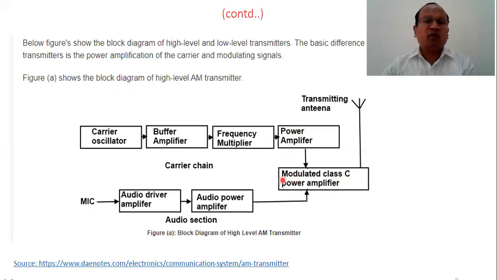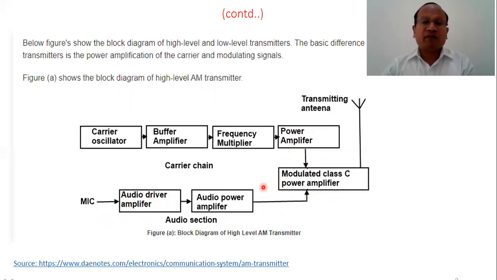Then you see here the modulated class C power amplifier, a modulated amplifier where we mix the audio signal, the message signal. In the audio section there are two stages. One is the audio driver amplifier, which is what we have seen as a pre-amplifier.